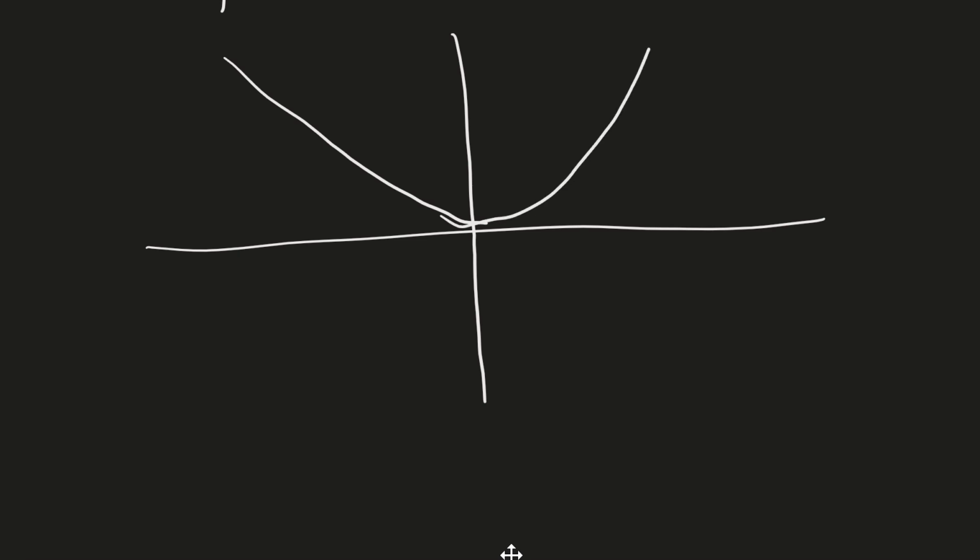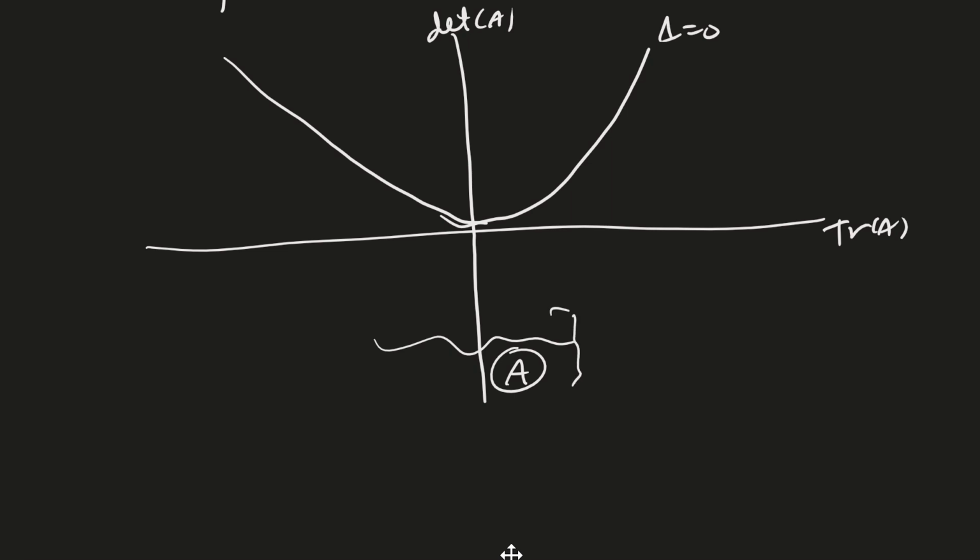Okay, so trace of A, determinant of A. And let's suppose now that I've got any point down here in region A. What is distinguishing about region A is that the trace is changing from positive to negative, could be 0, but the determinant of A is less than 0. And I wonder why that's important.